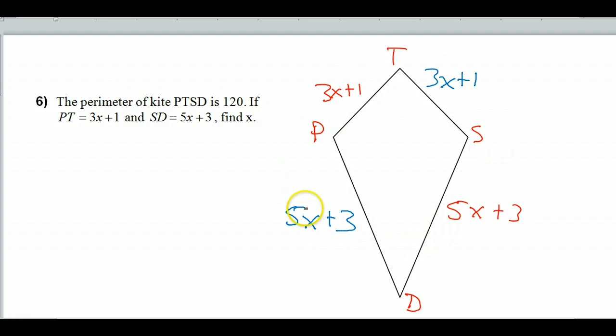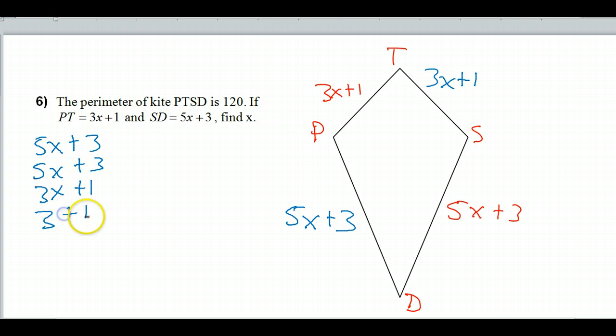Perimeter means if we add up all the sides, that's the perimeter. So if I add up 5x plus 3 plus 5x plus 3 plus 3x plus 1 plus 3x plus 1, the sum of all these would be the perimeter. And the sum of all those should equal 120.